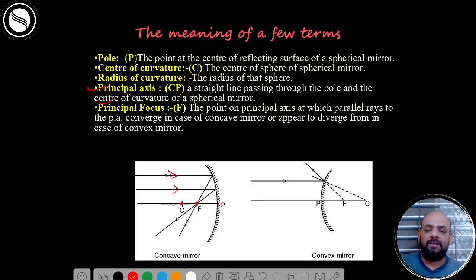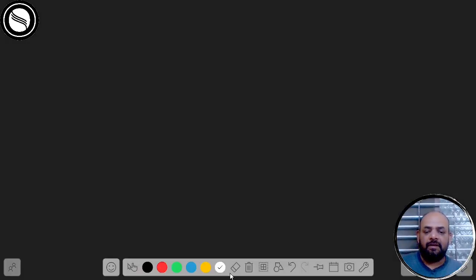If you join these two, center and pole, this line is known as the principal axis, on which we will place the object. And the radius of curvature also, because this is the center, obviously this length will be the radius of curvature. This is a radius, because the radius of the sphere is known as the radius of curvature.